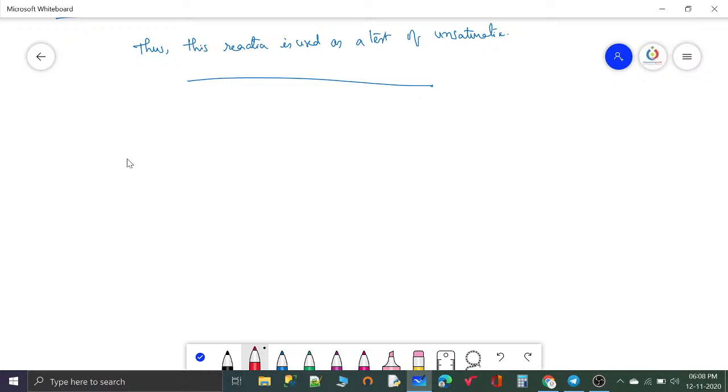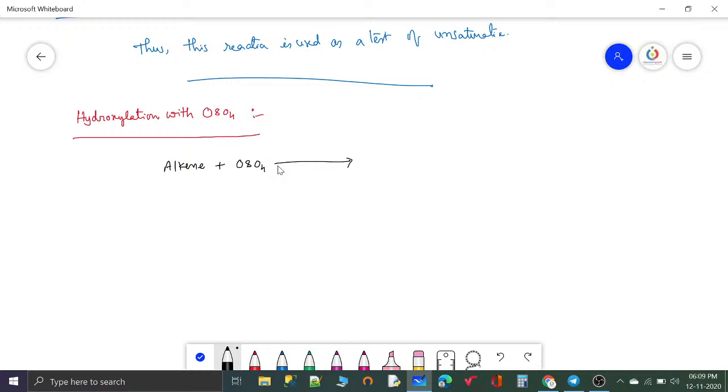First of all, hydroxylation with osmium tetroxide. In this case, an alkene molecule reacts with osmium tetroxide, in the presence of sodium hydrogen sulfide or sodium sulfide, or else you can just take hydrogen peroxide, which gives diols.